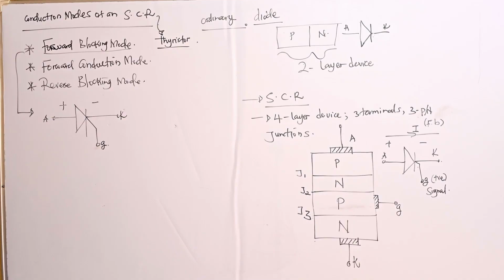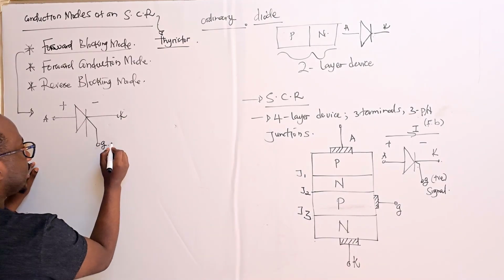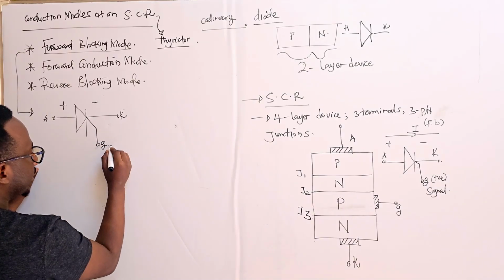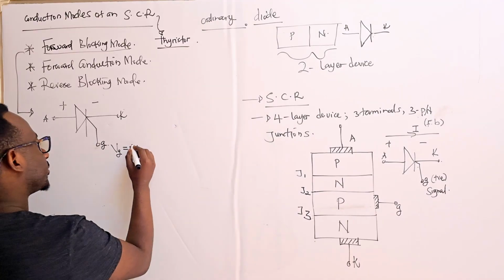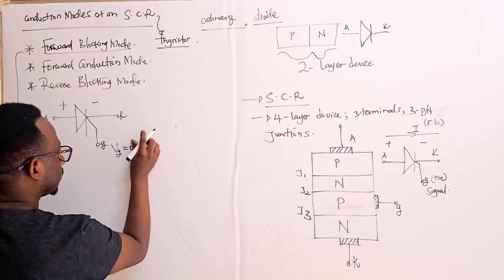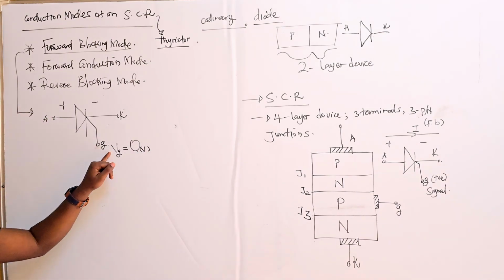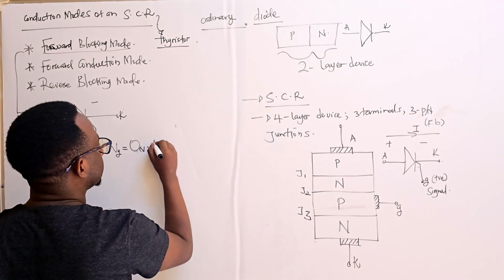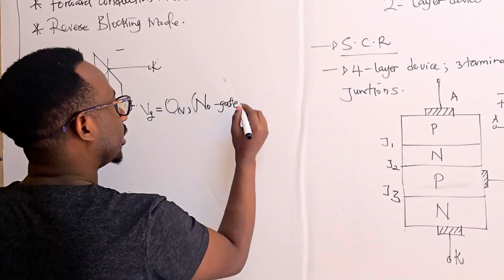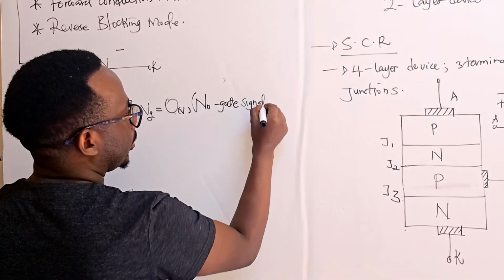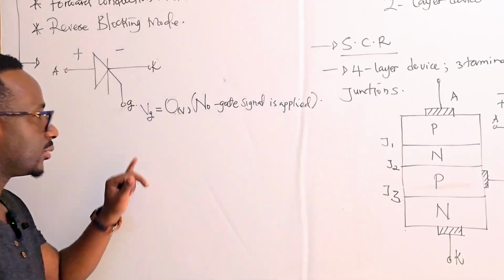But here it's forward biased, but the signal at the gate, let me call it VG, is equal to 0 volts. So no gate signal is applied. That is scenario 1.